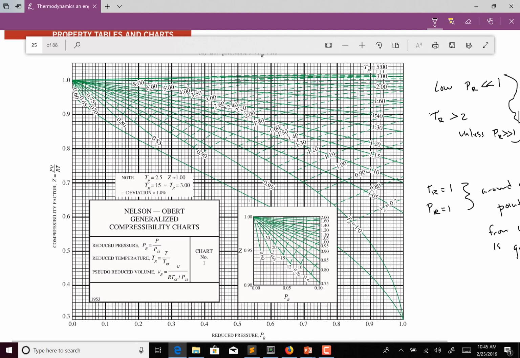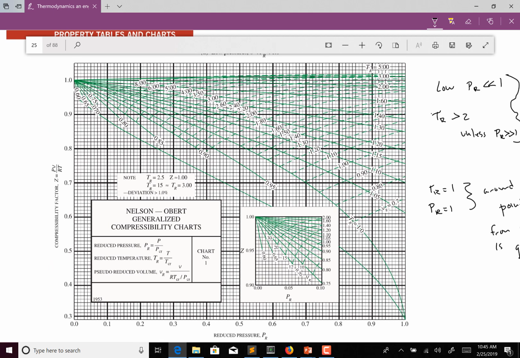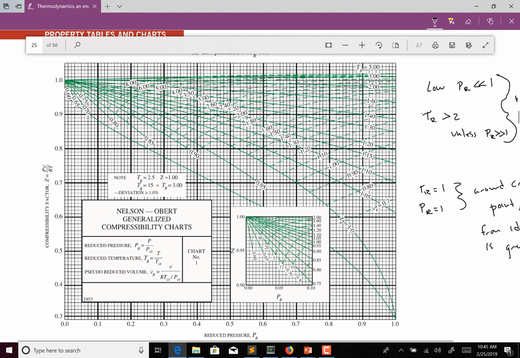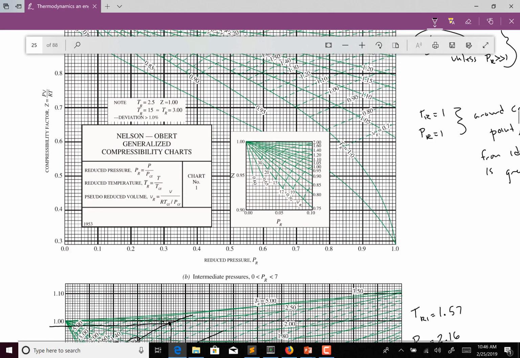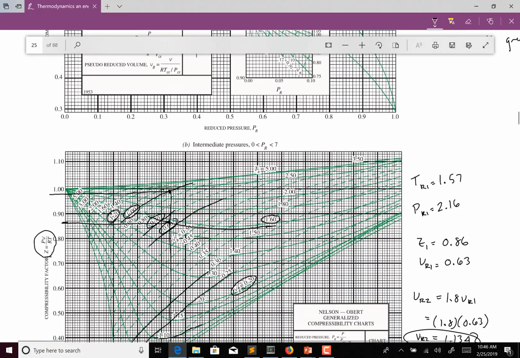So let's look at this compressibility chart. If we have a gas that is falling in this region around here, so the reduced temperature is greater than 2 unless the pressure is much greater than 1, then we would be down on this chart.